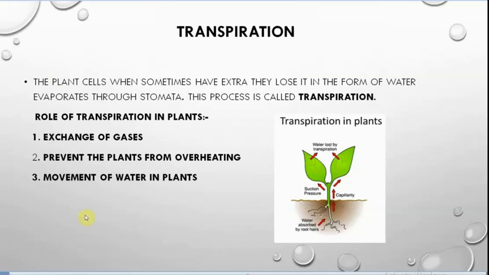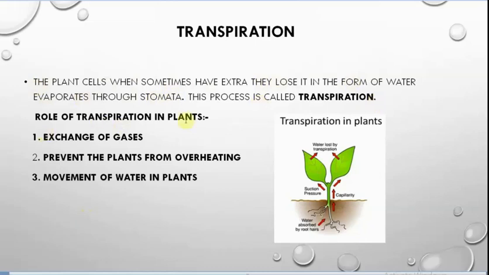When the plant loses water in the form of water vapor during the daytime from the aerial part of the plant, then we call that process transpiration. The plant cells, when they sometimes have extra water, lose it in the form of water vapor, which evaporates through stomata. This process is called transpiration.